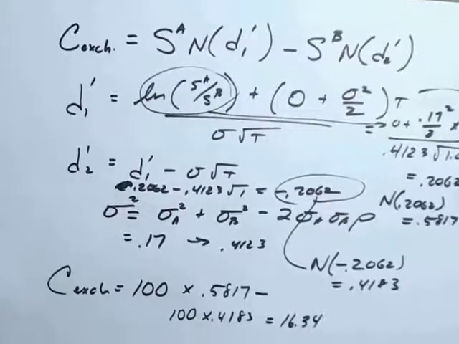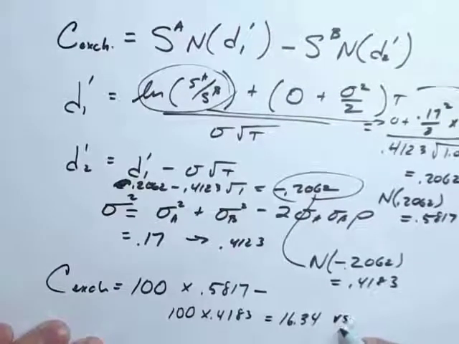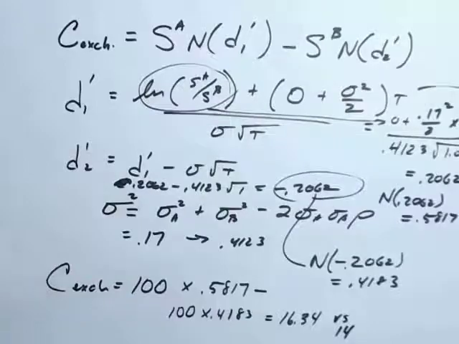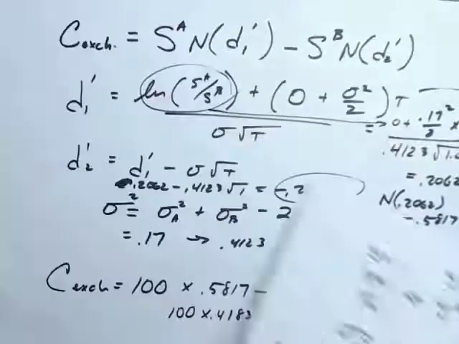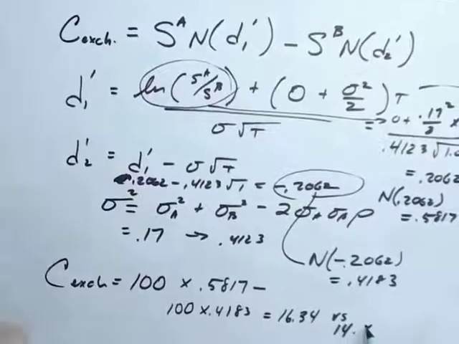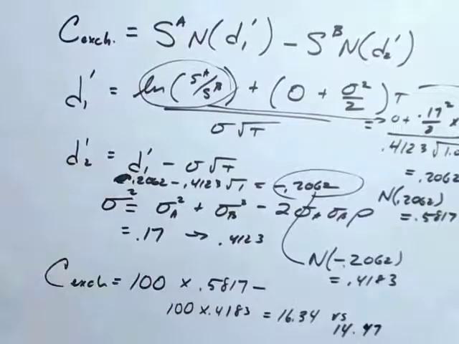And this comes out to be 16.34, which is a bit different than the 14.47 we calculated using the binomial. But I went and double checked it. We're off by about $2. And again, the reason we're off, the difference between the binomial and the Black-Scholes model, is I've only used 2 steps, and in this case it has a big difference with an exchange option.